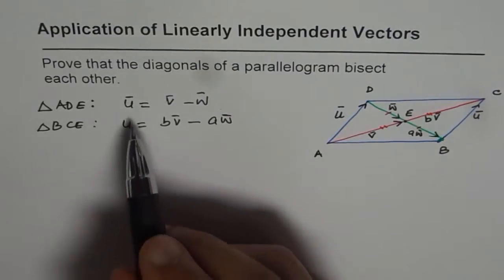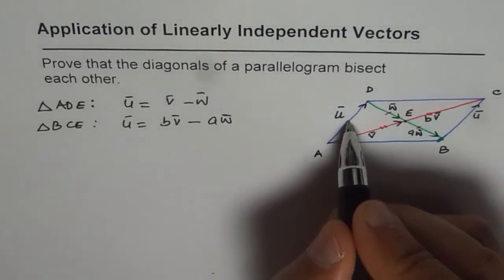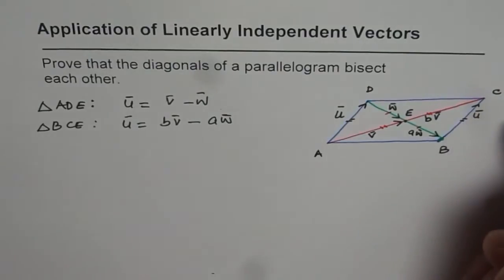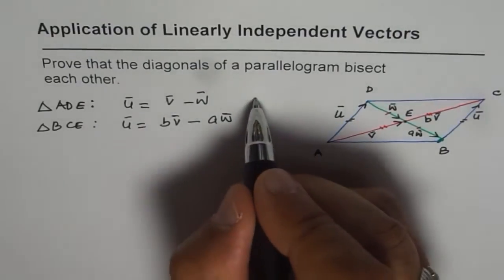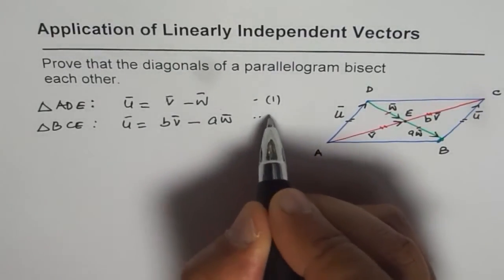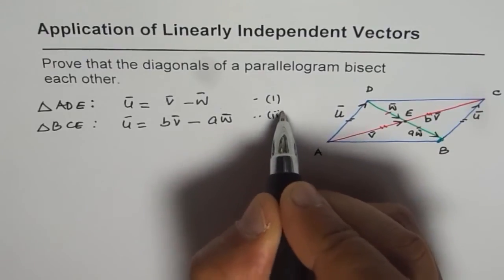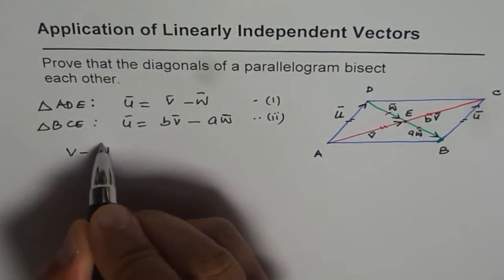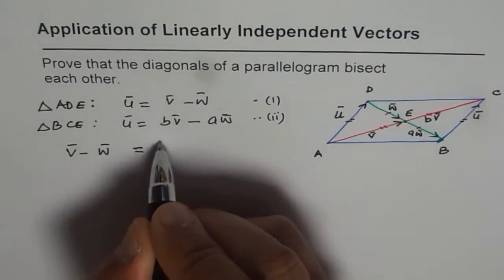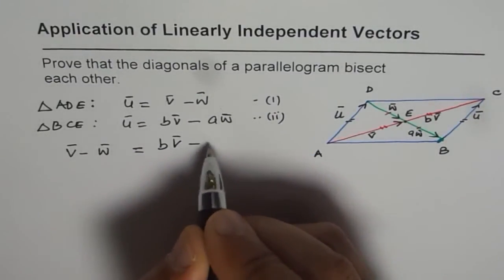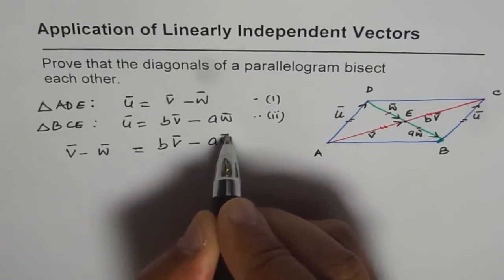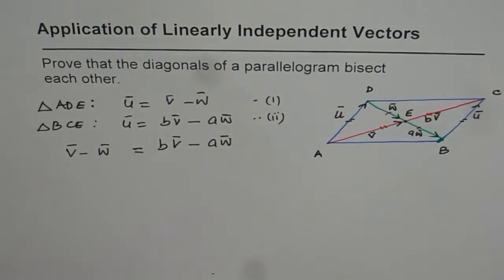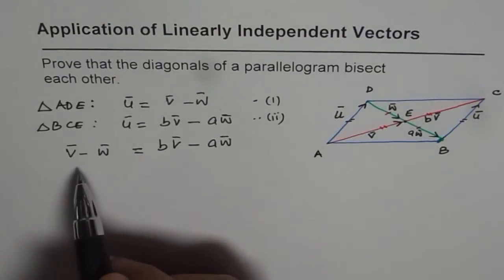Correct? Now since these two opposite sides are parallel and equal, equation 1 and 2 give us that V minus W is equal to BV minus AW. Now we can bring all the terms to one side.